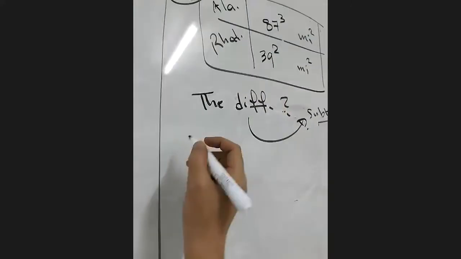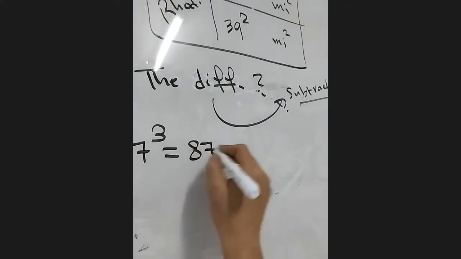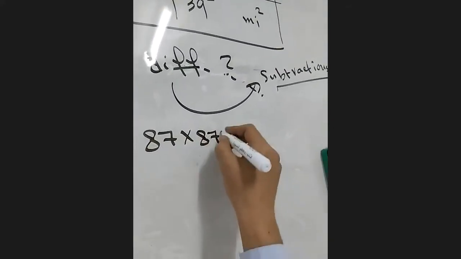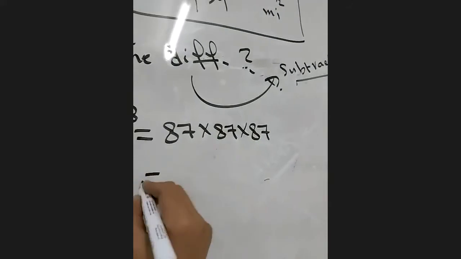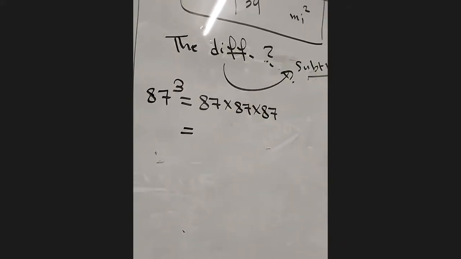So let's evaluate first 87 to the power of 3. It is 87 multiplied by itself 3 times, right? Yes, 87 multiply 87 is 7,569. 7,569 times 87. 87 to the power 3, guys, it's 658,503.